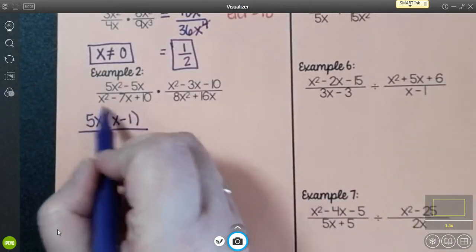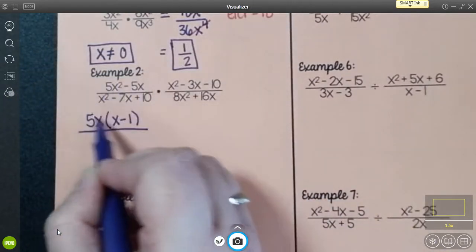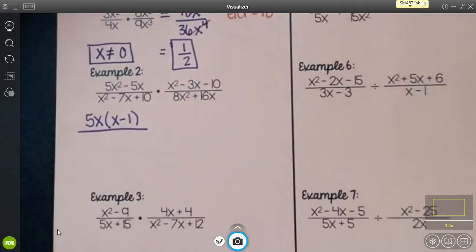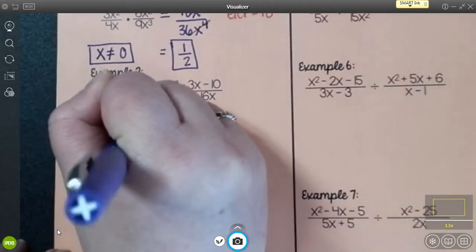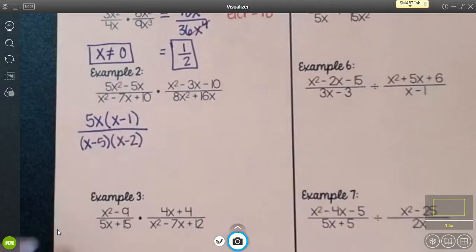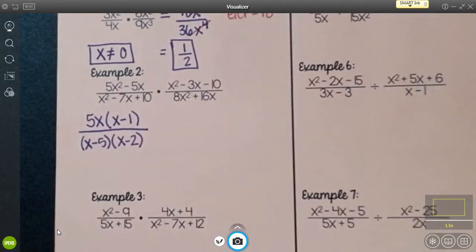Over lower left, x squared minus 7x plus 10. How can we factor that? X minus 5, x minus 2. Okay.